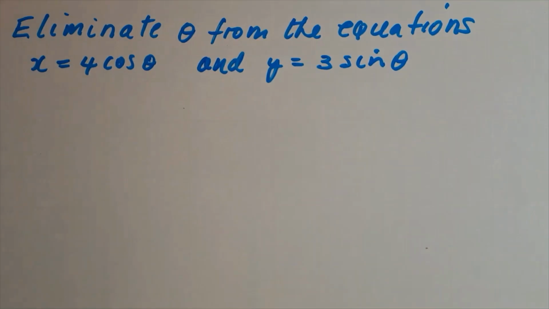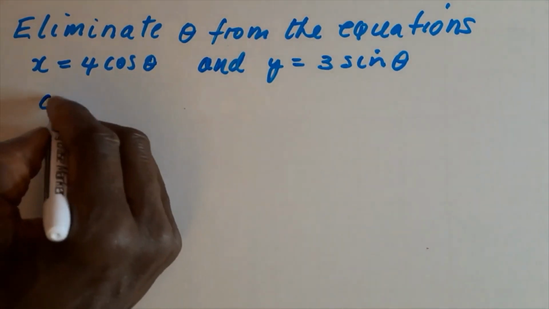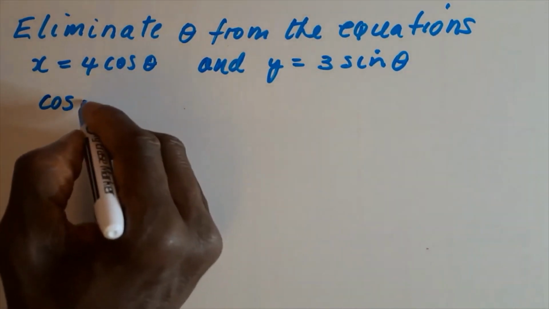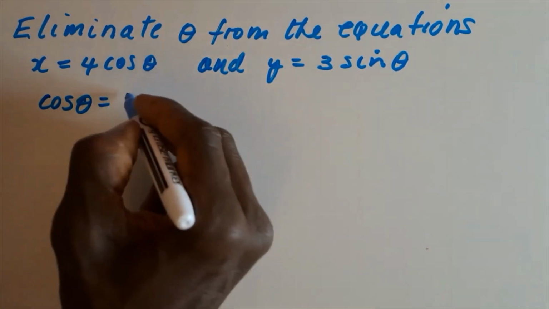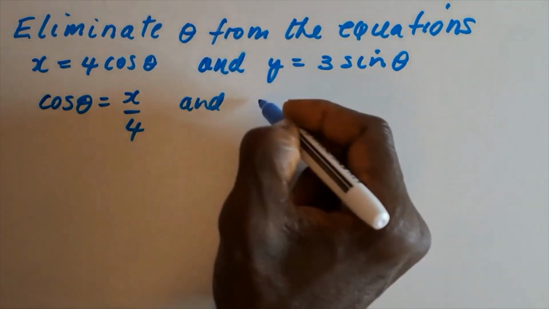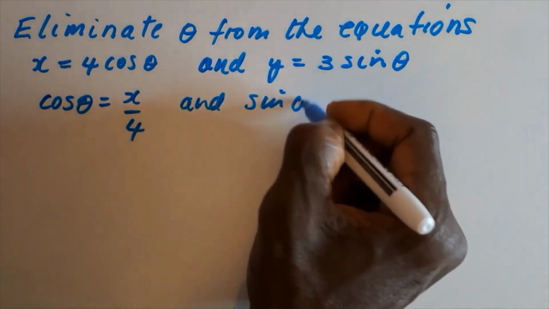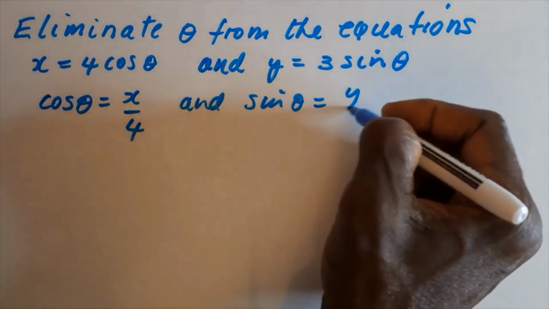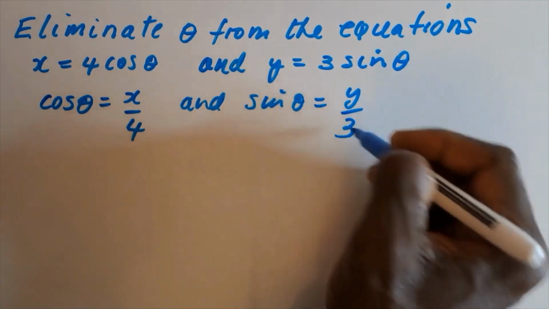Hi. In this problem, we're going to eliminate theta from these two equations, and we'll do this by using a trig identity. Now, we have that cosine theta for this equation is equal to x over 4, and sine theta is equal to y over 3.